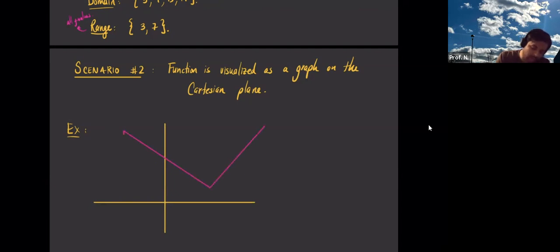So these lines go on forever. This point right here, I'm going to call this 5, and this is 2. Now, this line here goes on forever to infinity and beyond, and so does this line go on forever upward to infinity and beyond.